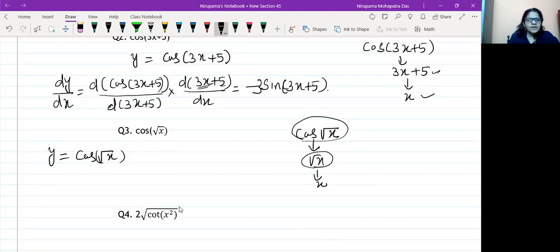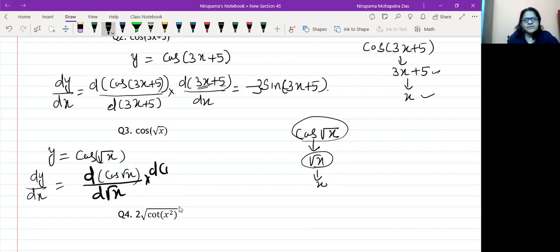So dy by dx is the derivative of cos root x with respect to root x, into the derivative of root x with respect to x.